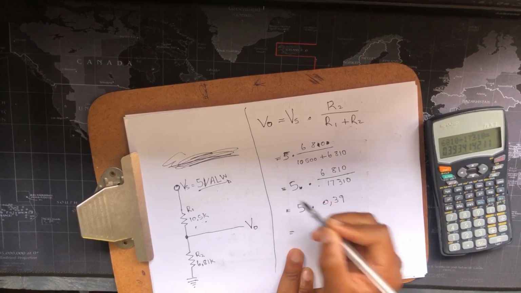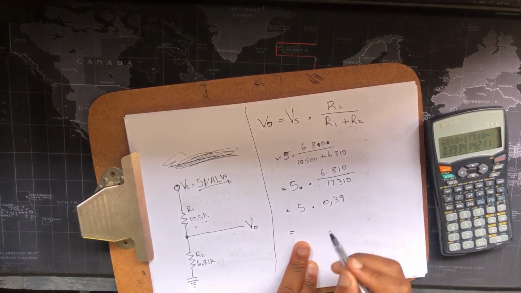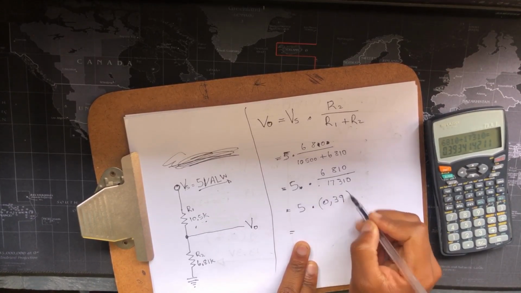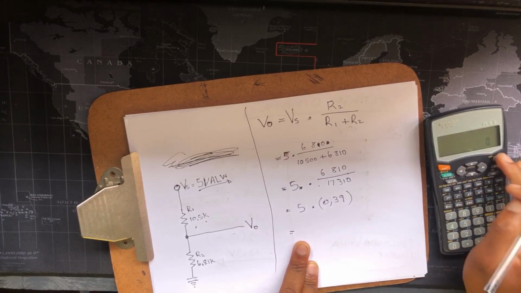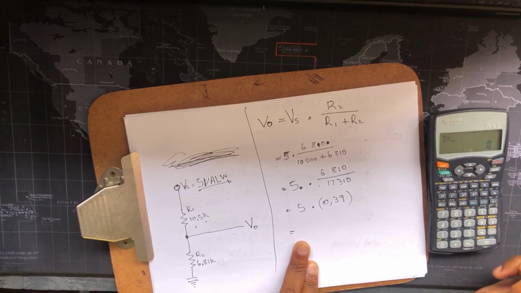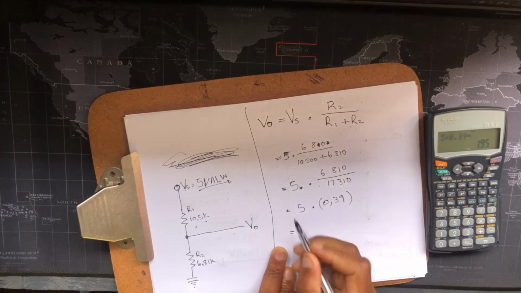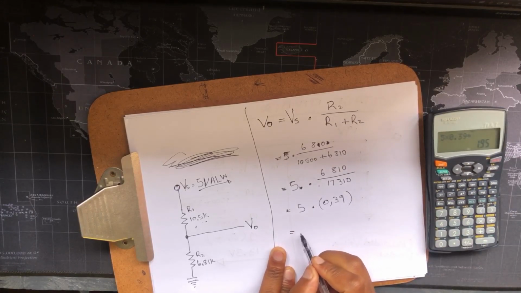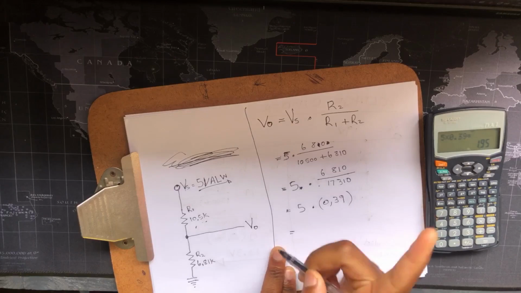So this is how it's going to go. Now we multiply. We say 5 volts times 0.39. Okay, there we're going to have like 2 volts.